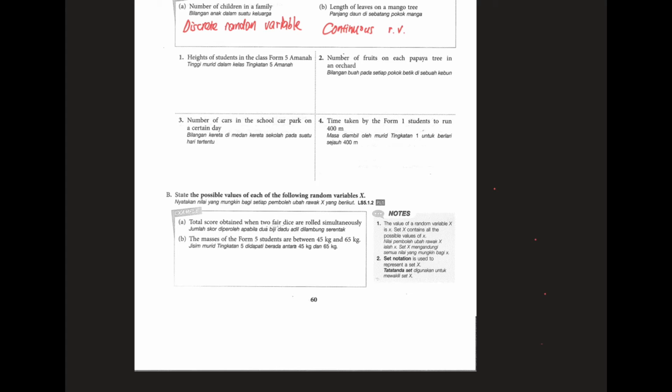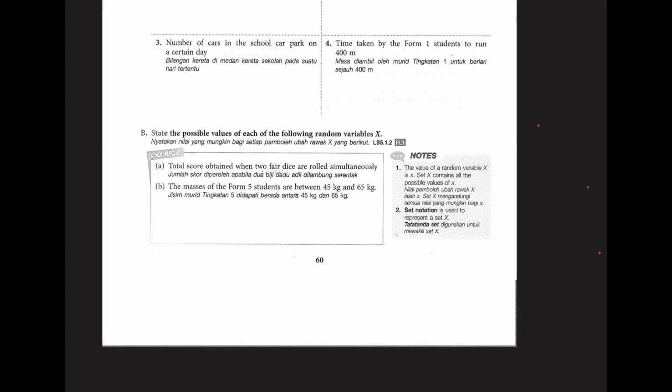B. State the possible values of each of the following random variables x. Example A. Total score obtained when two fair dice are rolled simultaneously. Total score.